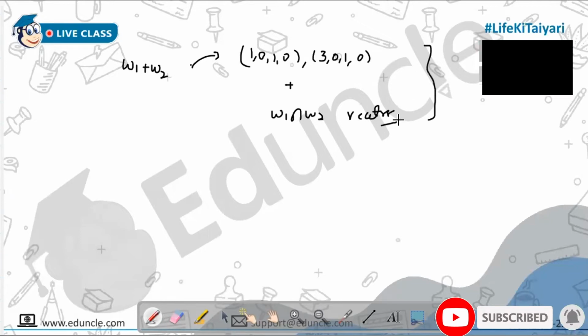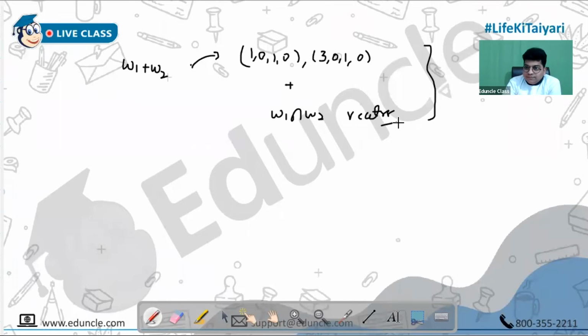Yes, sir. So actually the problem is what we have done. See, you know W1 plus W2 is generated by W1 and W2, W1 union W2. Whatever vector we have eliminated, we generally say this is minus W1 intersection W2.